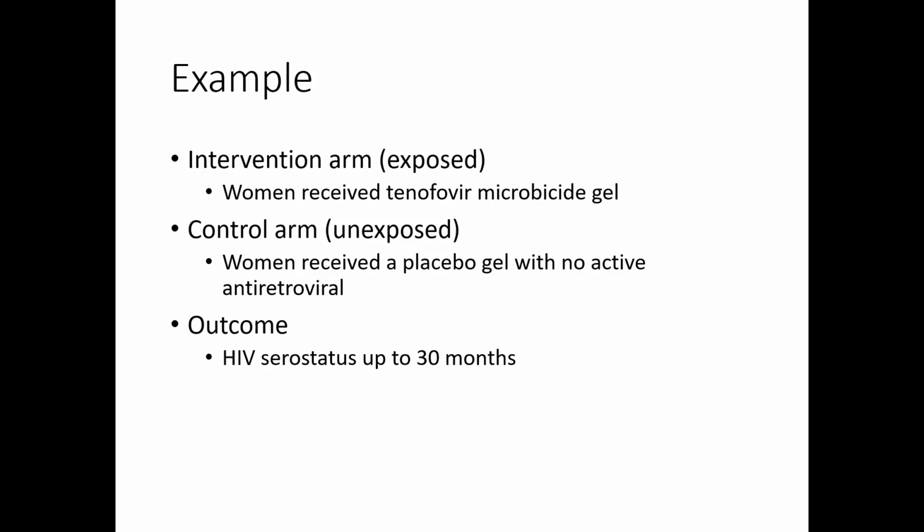Your intervention is women receiving tenofovir gel, an antiviral gel, and the control is women receiving a placebo. You can't give them nothing, so you give them a gel, which is basically a water gel with no antiviral. And this is only ethical if you really don't know whether it works or not.